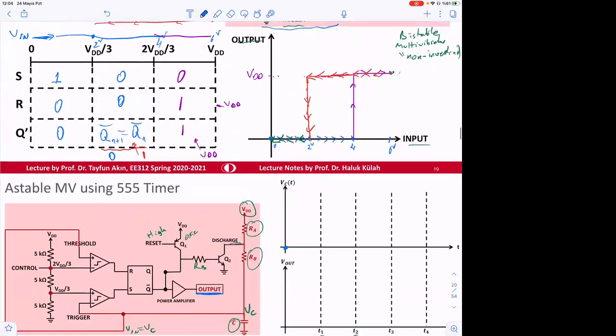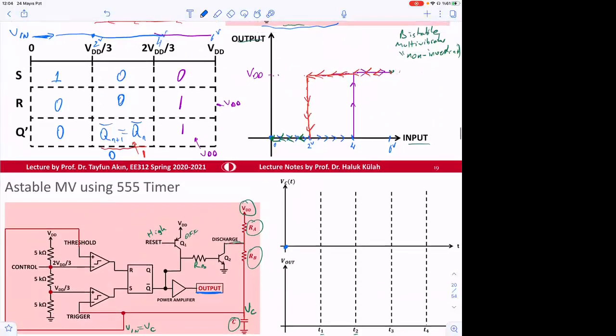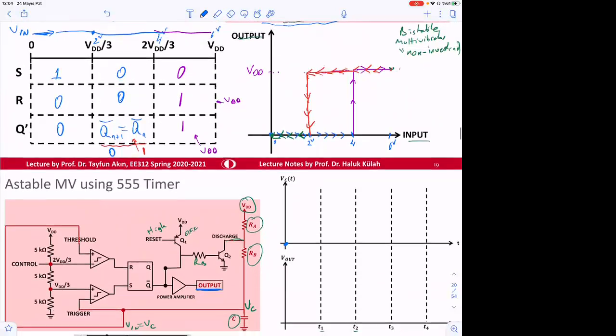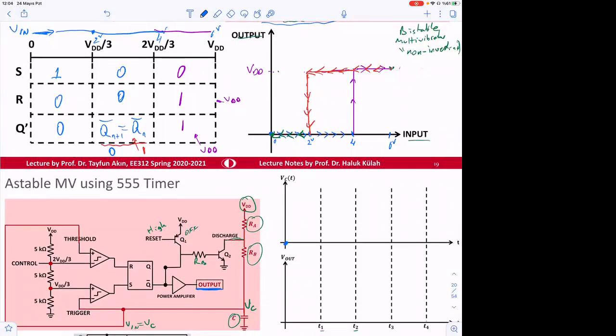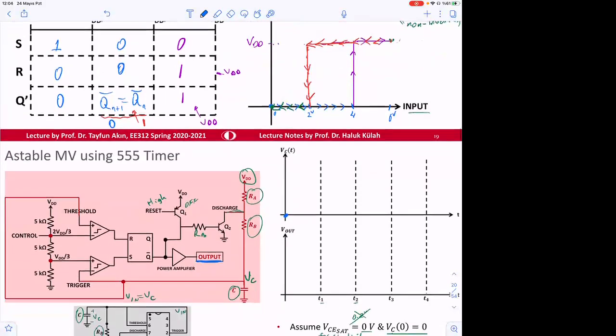We can look at this circuit here. If the input is 0, V out is 0, because the capacitor voltage is equal to V in. If that is 0, V out is going to be 0.